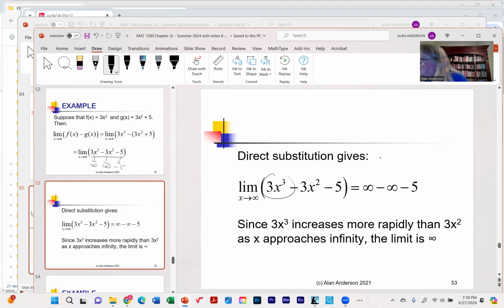Because this term is positive, this is x cubed. Oops, sorry, this is 3x squared. 3x cubed would look something like this.